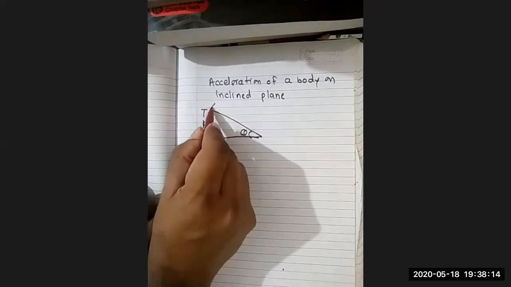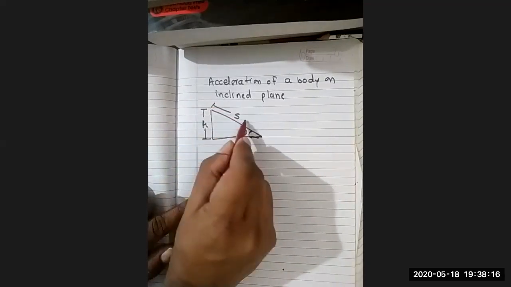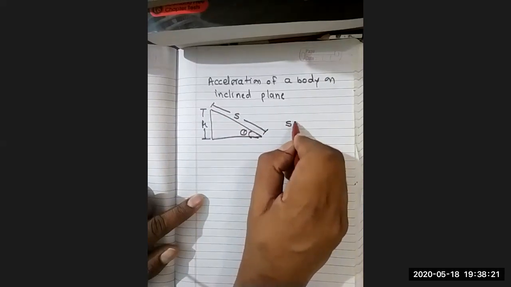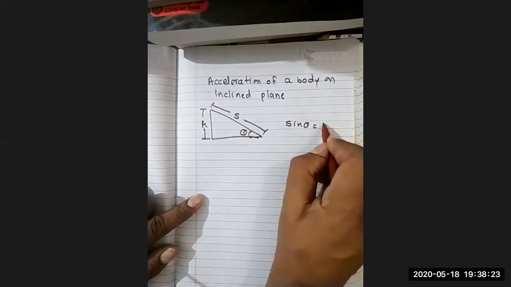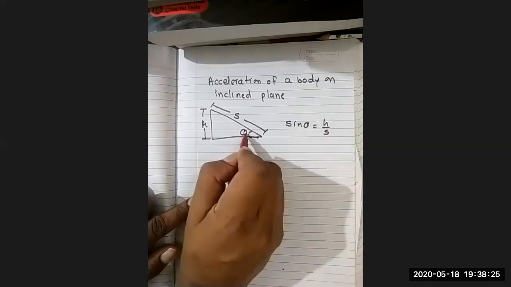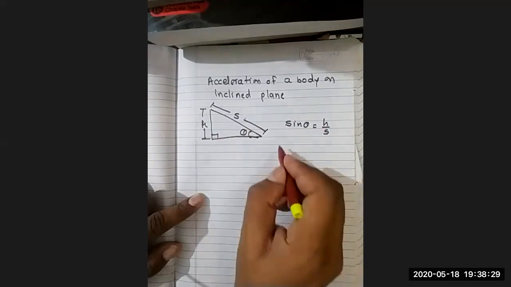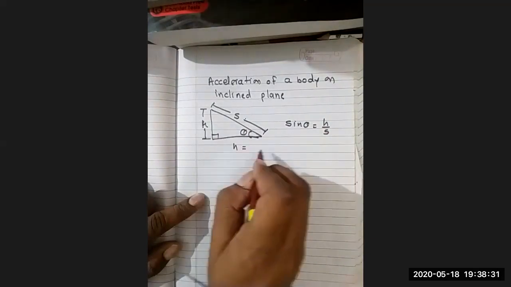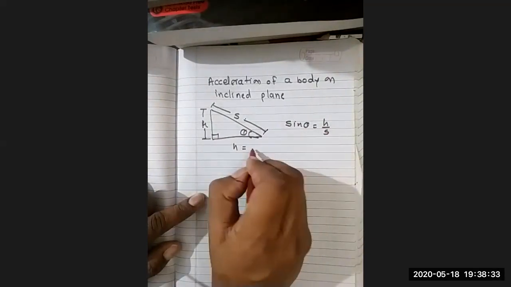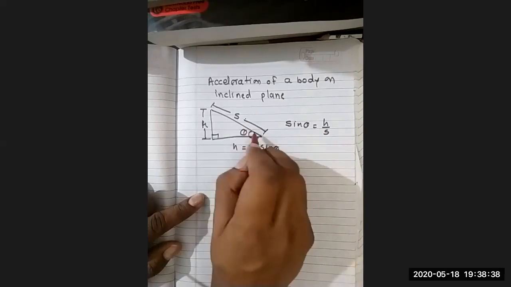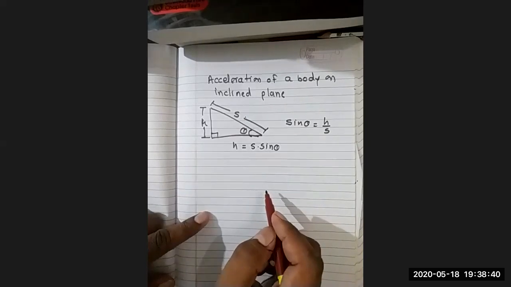The displacement of that body is, say, s. Then in this case you can write sine theta is equal to h upon s, opposite side upon hypotenuse, where this angle is 90 degrees. So h will be equal to s multiplied by sine theta, s sine theta. Instead of s you can take l also, or x also.